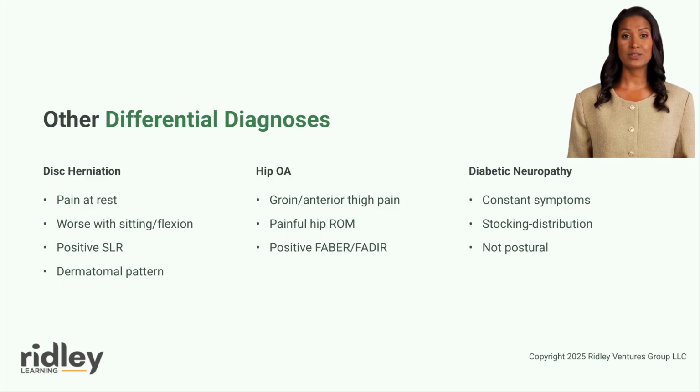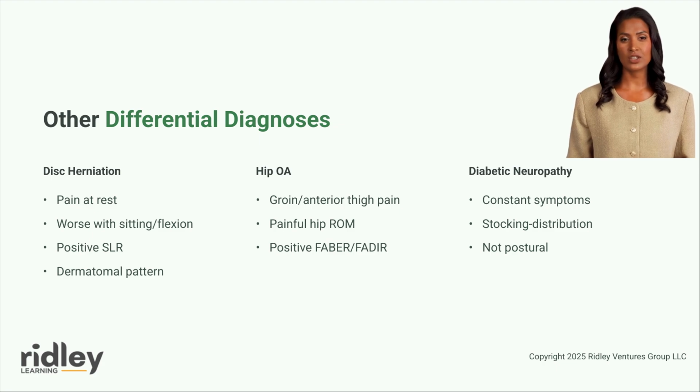Hip osteoarthritis may present with groin, lateral hip, thigh, or even knee pain that is provoked by walking, mimicking neurogenic claudication. Differentiating features include the location of pain, with groin and anterior thigh predominance in hip arthritis versus buttock and posterior leg predominance in stenosis, reproduction of pain with hip range of motion testing, particularly internal rotation and flexion, and absence of neurological findings.